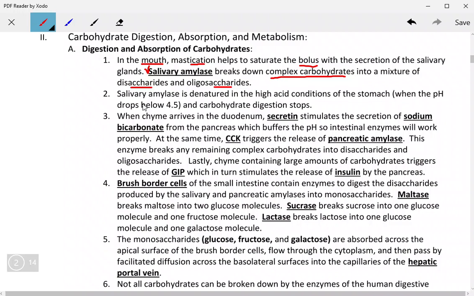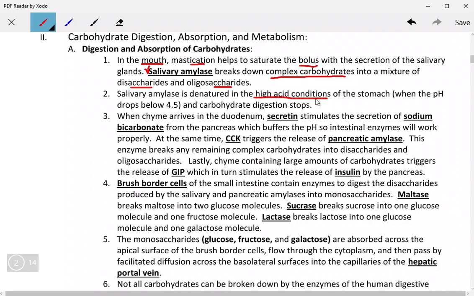Salivary amylase will lose its function within the stomach as soon as it arrives there, and here is the reason. Remember, the highly acidic conditions within the stomach will cause this. The pH of the stomach can drop very low, all the way to a pH of 2. And when that happens, carbohydrate digestion stops.